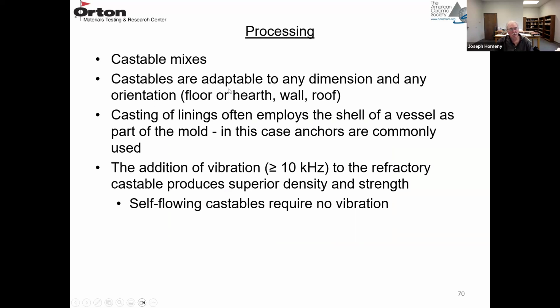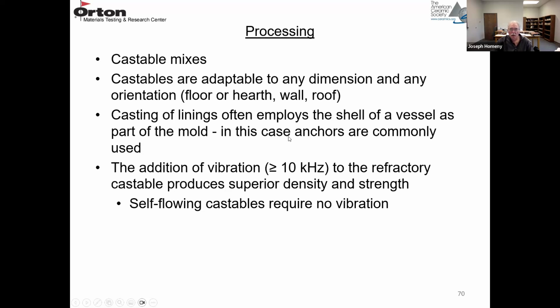So with these castables, you can make any dimension, any orientation, depending on how you put the molds in place. So you can make a floor of a furnace, a wall, or a roof. You're usually casting against the shell of a vessel, the metal or steel shell. That's going to be part of the mold. You're going to put an additional mold material in there to create a wall or a roof.